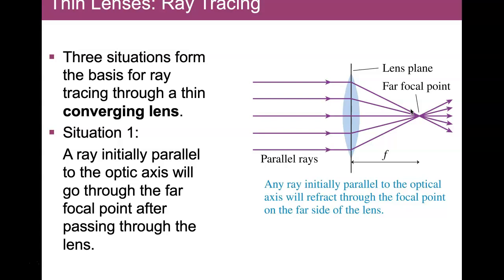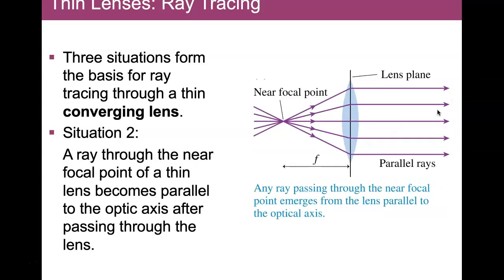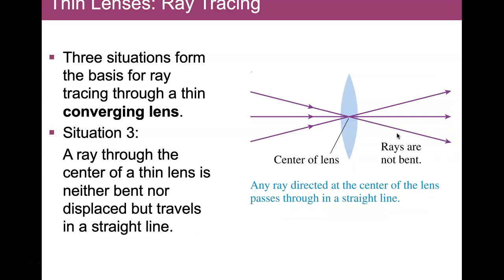So these are the rules we kind of discussed, right? For ray tracing, basically these rays parallel to the optical axis all go through the focal point. Similarly, from this side, if they go through the focal point, they become parallel to the optical axis. And then the rays going through the center don't refract, they just move straight.